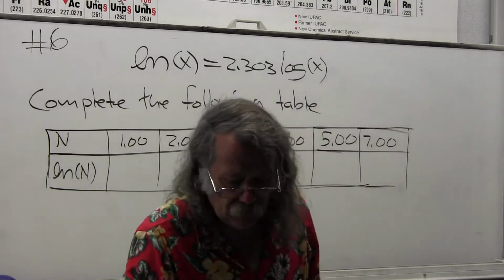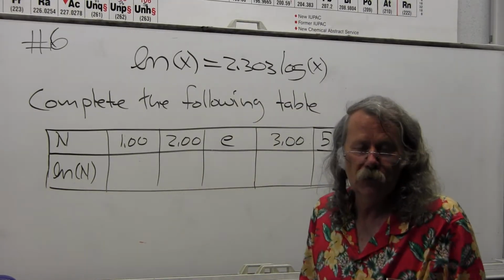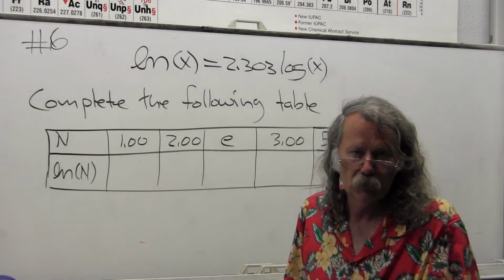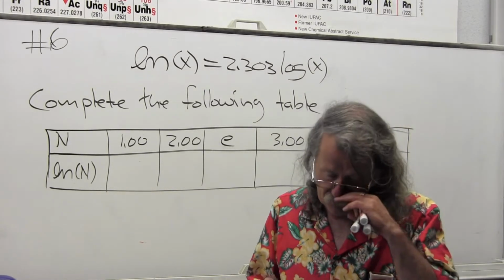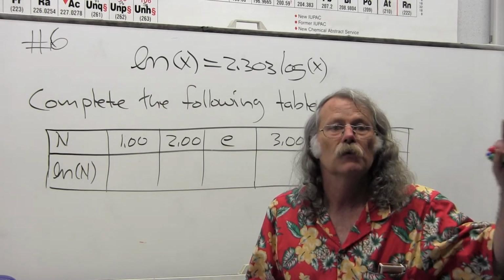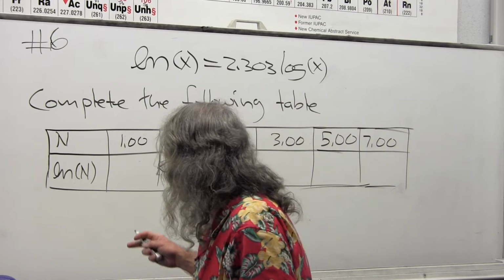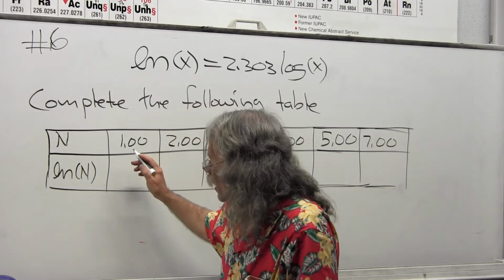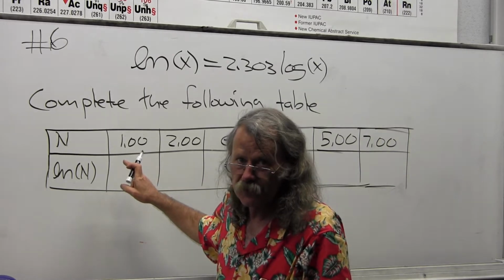I'll spare you the gross details of multiplying times 2.303 and assume you can do that as an exercise if you need to do it yourself and convince yourself that it is true. But the log base 10 of 1 is 0.